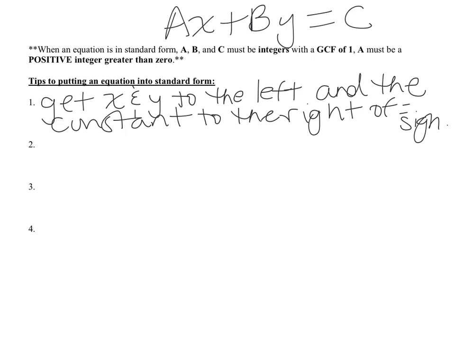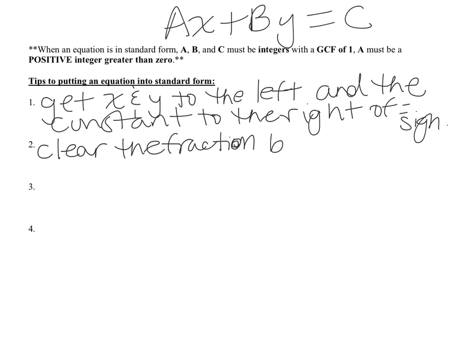The next thing I would do is make sure you don't have any fractions. If you have any fractions, we can get rid of fractions by clearing the fraction. And remember, how do I clear a fraction? I multiply all terms by the common denominator of the fraction.